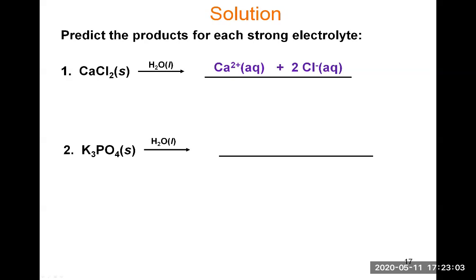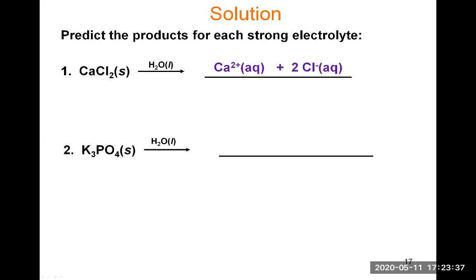And so that subscript 2 now will be in front of the chloride ion to say you have 2 chloride ions. Right? And so you see that if you do the crisscross trick, you retrieve this formula. So make sure you don't forget that the subscript 2 here means 2 chloride ions. So that's the solution for the first one.